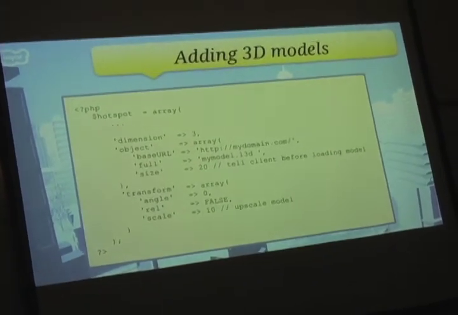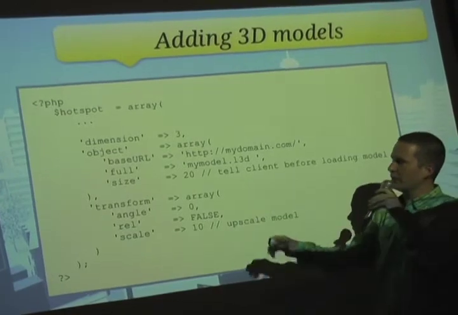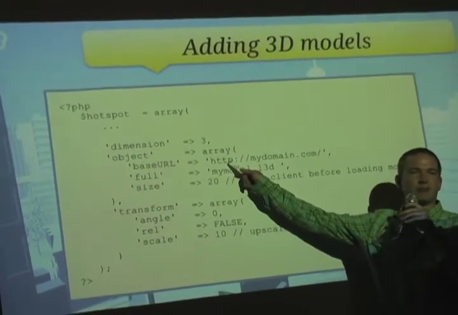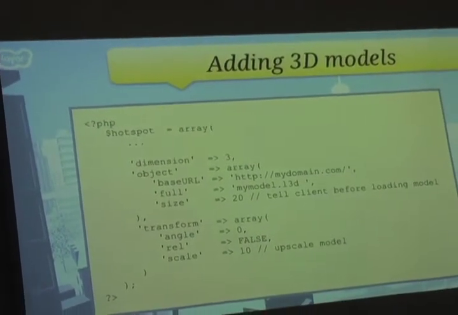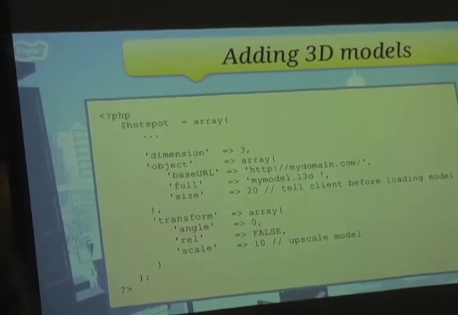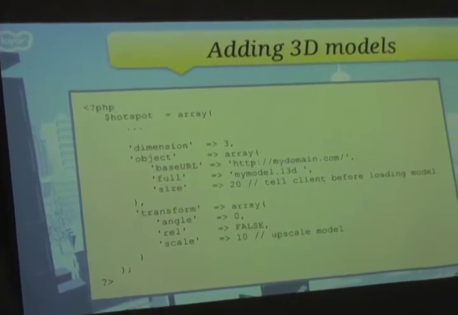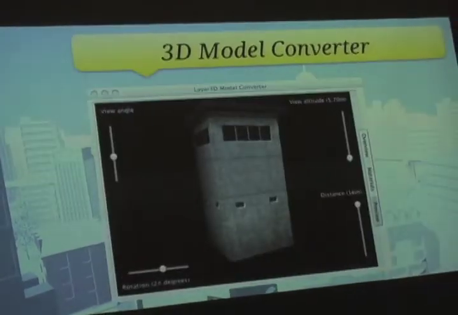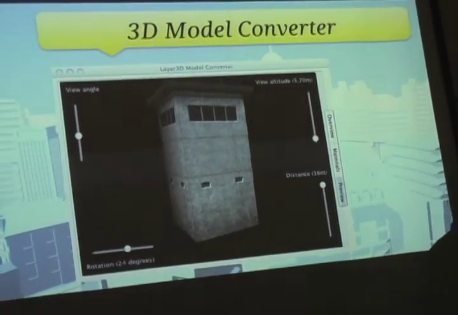In the script, it's a couple of parameters in here. I don't want to go into detail on every single one. But basically, again, it's just a reference to a file, and that file carries the 3D model. It's a proprietary file format that you need to create beforehand, and you do that with a piece of software provided by Layer, which is free.